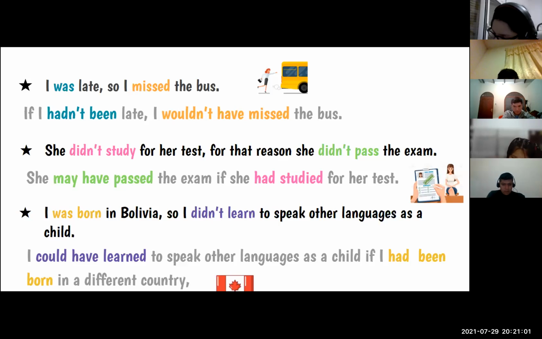Me, teacher. Okay, please. If I had studied medicine, I might have worked in a hospital. Very good. Anybody else? If I had studied more, I would be with my friend at level 8.